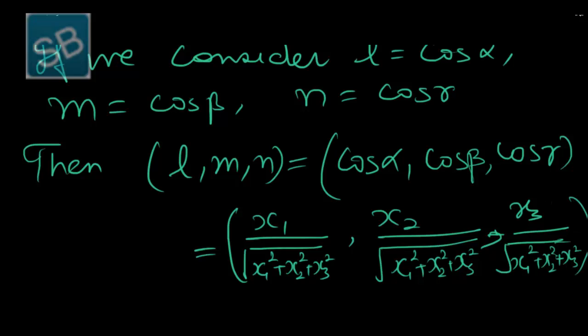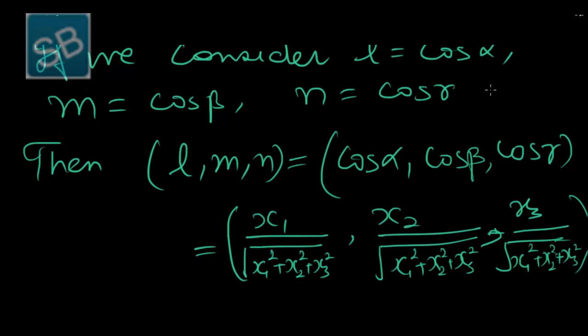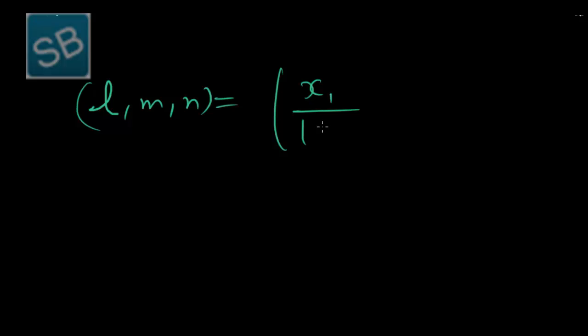So we can rewrite it as l, m, n is equal to x1 over magnitude of vector x, x2 over magnitude of vector x, x3 over magnitude of vector x.